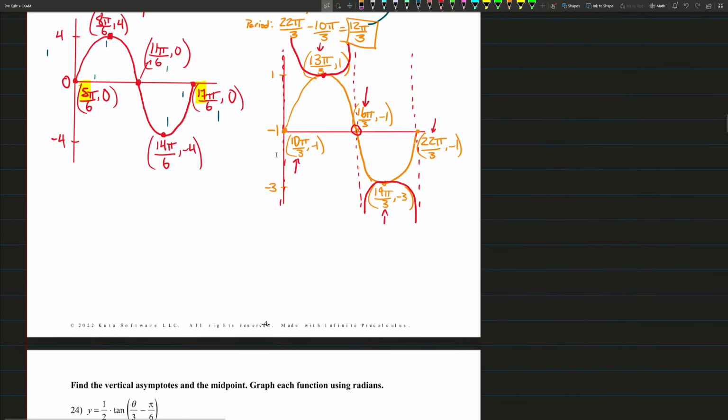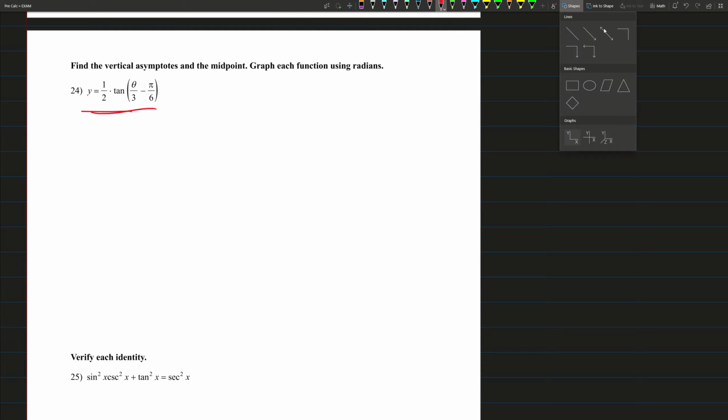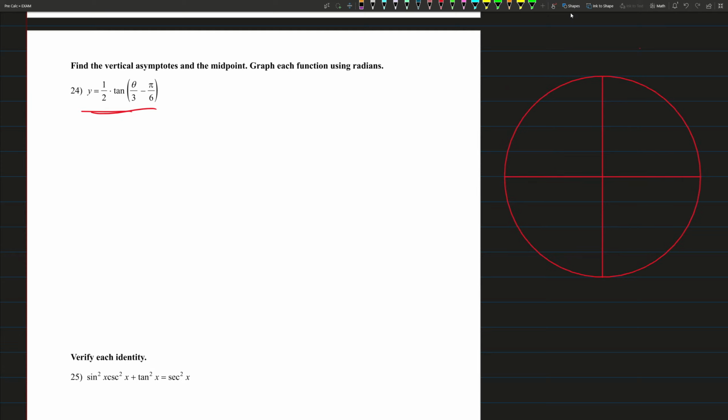Okay. So moving on. Then we have to find the graph of y is equal to 1/2 tangent of theta over 3 minus pi over 6. All right. So again, if we think about a unit circle, tangent is going to be the ratio, the y value over the x value, right?